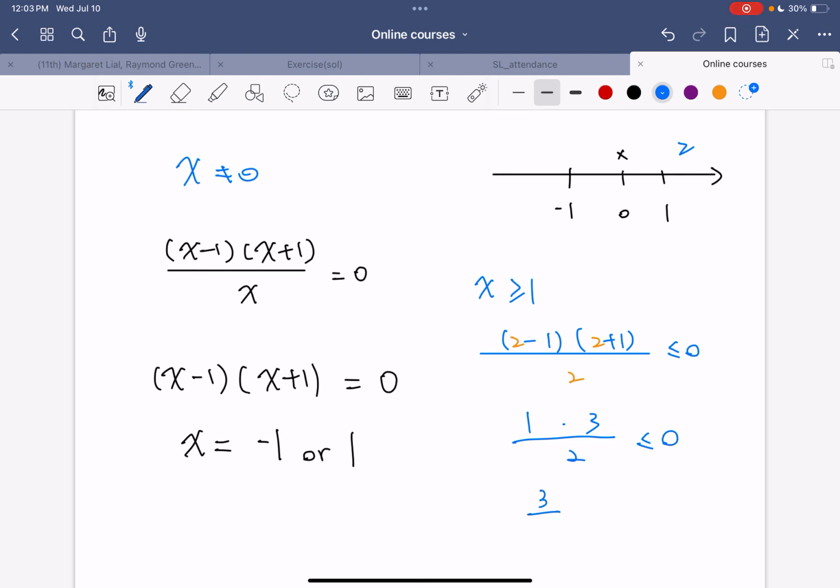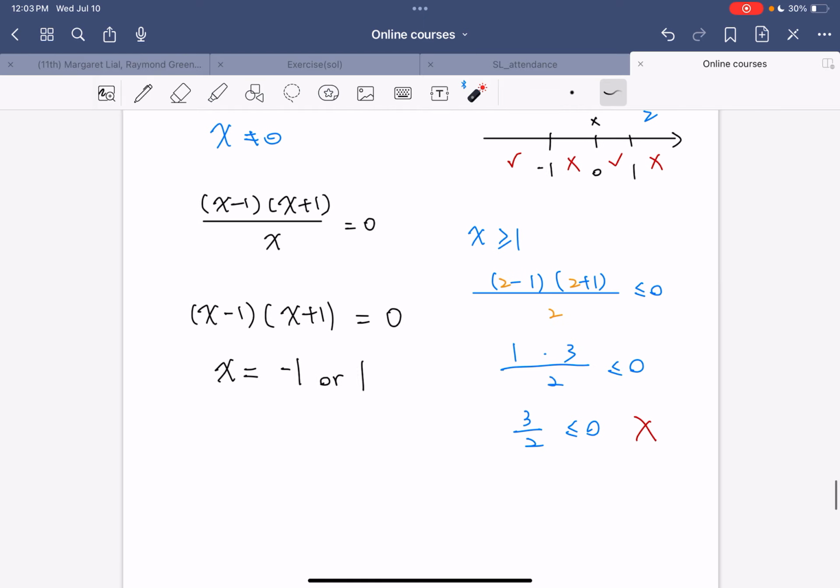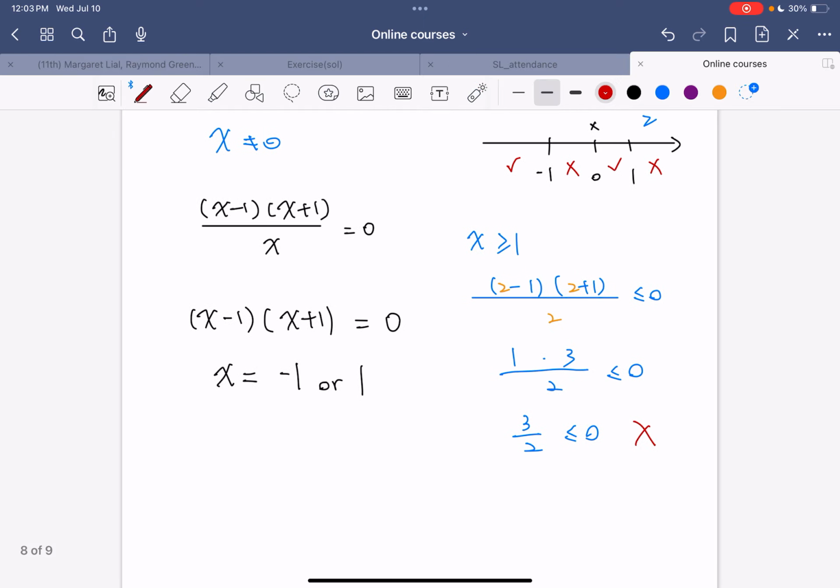This is 3 over 2 less than or equal to 0. Does not fit. So we can tell: not fit, fit, not fit, fit. Therefore, our answer will be this area and this area. And be careful that 0 is not included. So we can write our answer here.